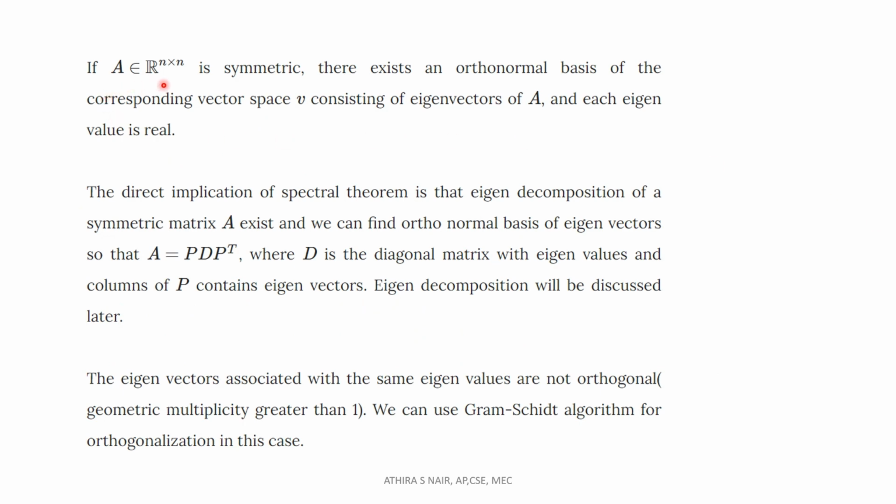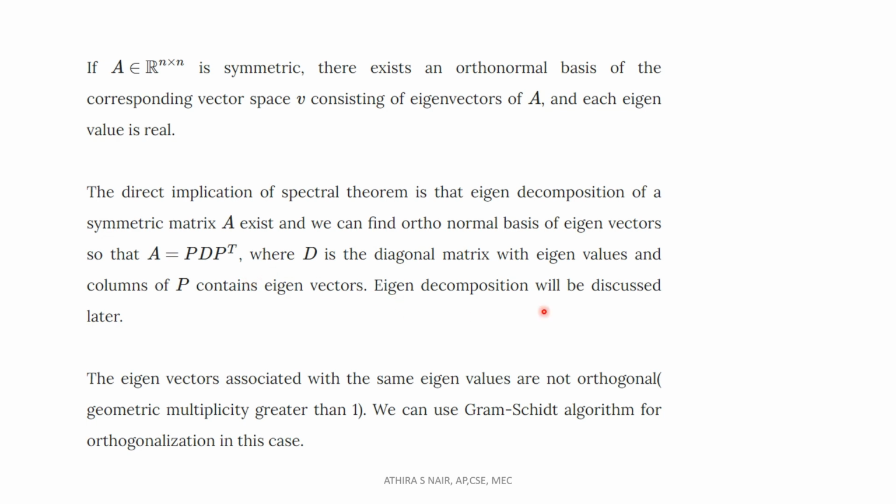So if A in R^(n by n) is symmetric, then there exists an orthonormal basis of the corresponding vector space V consisting of eigenvectors of A, and each eigenvalue is real. A direct implication of the spectral theorem is that the eigen decomposition of a symmetric matrix A exists, and we can find an orthonormal basis of eigenvectors so that A equals P D P transpose, where D is the diagonal matrix with eigenvalues and the columns of P contain eigenvectors.